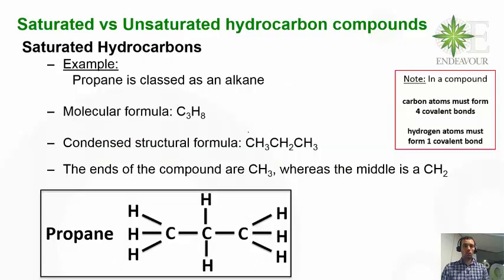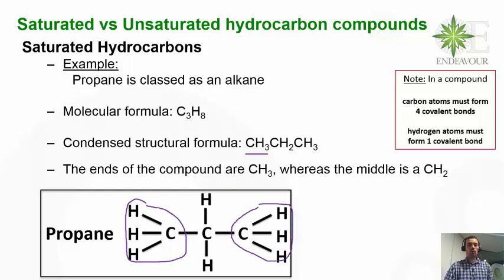The example of the compound here that's an alkane is actually propane. Here we can see a few of the different representations that I showed you earlier in the lecture. We've got the molecular formula, which is C3H8, and if we put it into the condensed structural formula, then that goes to CH3, CH2, and CH3. Remember, the ends here are the CH3s, and then in the middle we've got a CH2.